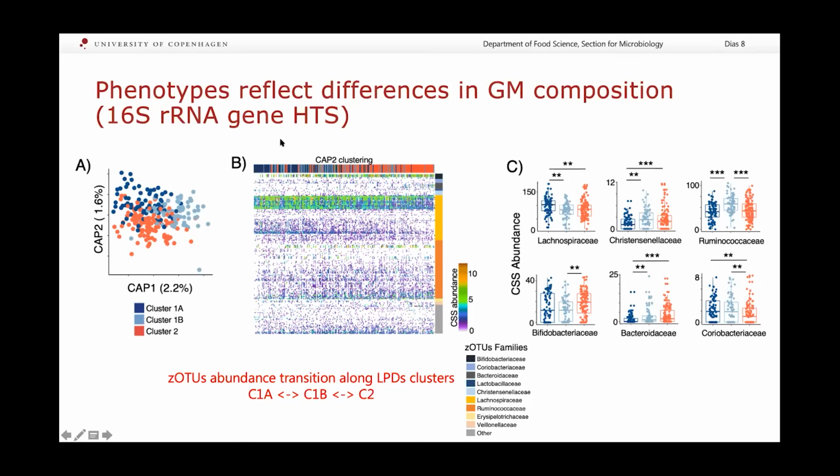For example, the people with the more unhealthy profile, which is cluster 1A, have a higher proportion of Lactobacillus in their gut microbiome, and the more healthy profile you have, whether it's cluster 1B or 2, the more you tend to have high proportions of Ruminococci, Christensenellaceae and Bifidobacteriaceae, which is typically what we know as very good guys to have in our gut.